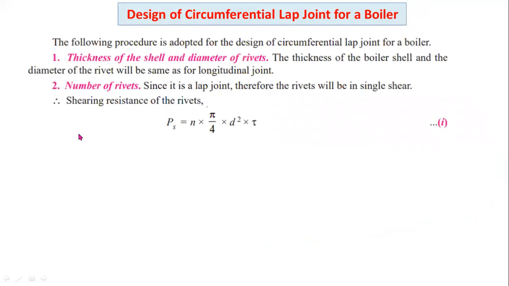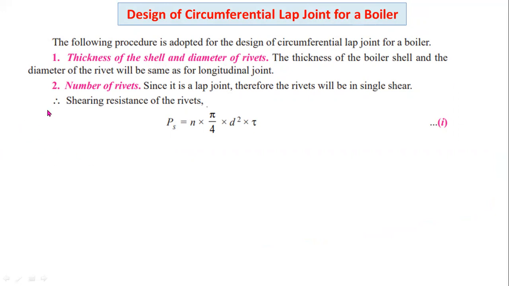These are the important steps for design of circumferential lap joints. In the first step, you have to determine a suitable thickness of the shell and diameter of the rivets, using the same procedure as for a longitudinal joint.